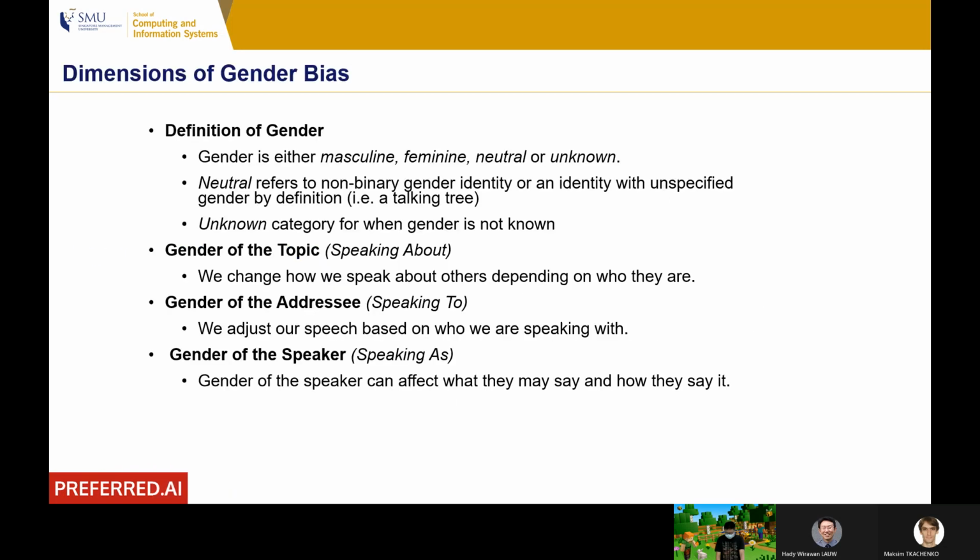So let's start with the framework that they propose. They define gender as either masculine, feminine, neutral, or unknown. They feel that binary gender is completely inadequate for the task.